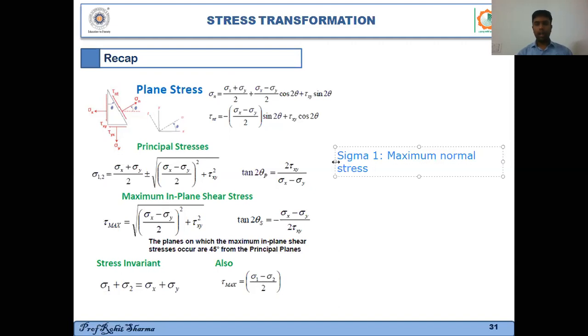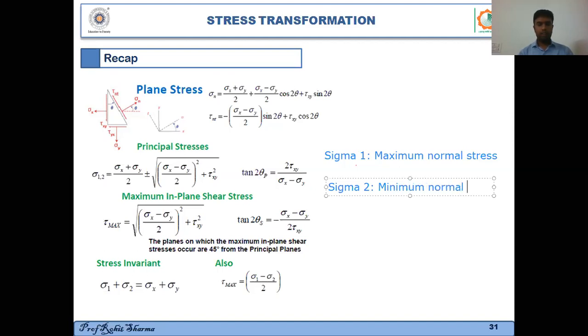Or it is also called the principal stress, and I'll tell you why it is called the principal stress. Sigma 2, on the other hand, will represent the minimum normal stress, right? So we have the formula for sigma 1 and we have the formula for sigma 2.